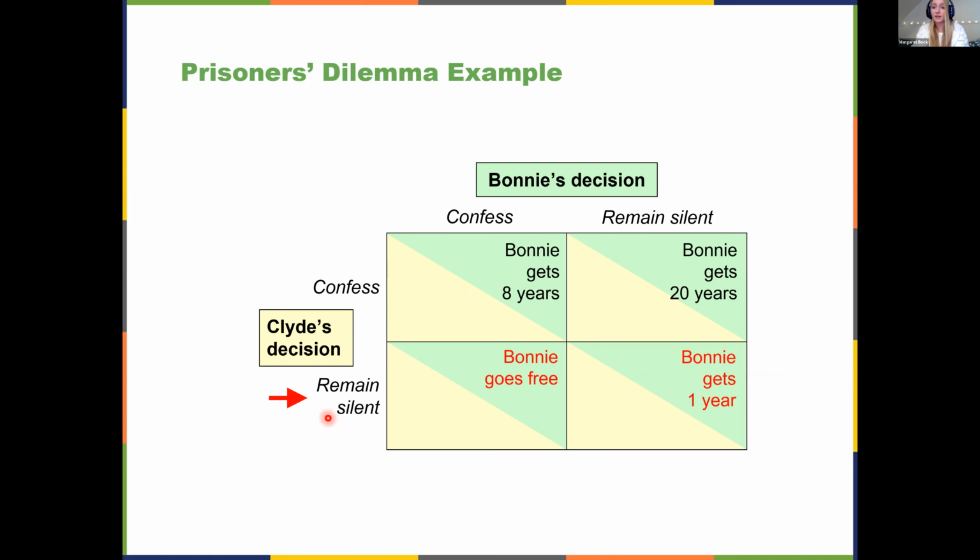What if Clyde decides to remain silent? What's going to happen to Bonnie? Well, it depends on what Bonnie decides to do. If Clyde remains silent and Bonnie points the finger at Clyde and says, yes, I was part of the robbery, but it was Clyde's fault, and Clyde didn't say anything, Bonnie gets to go free.